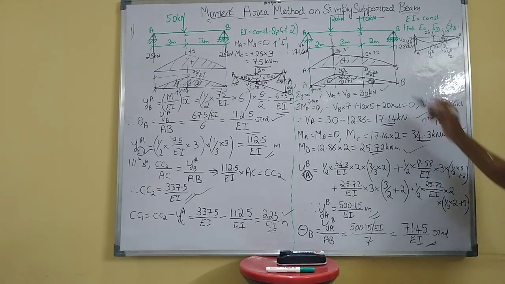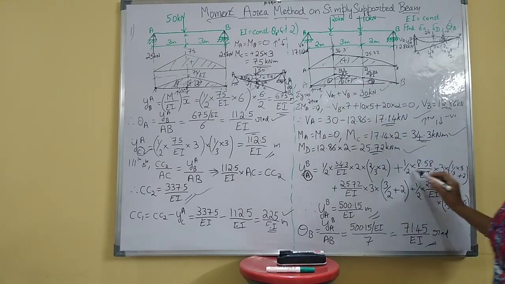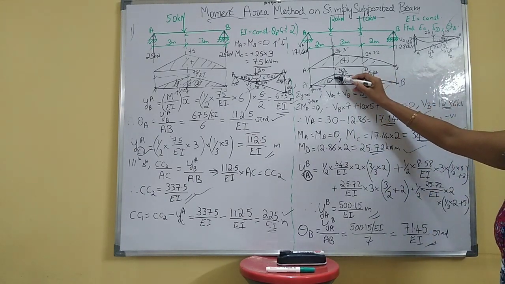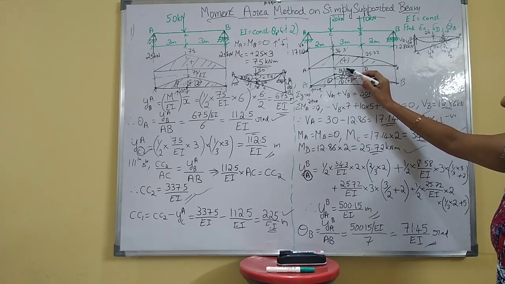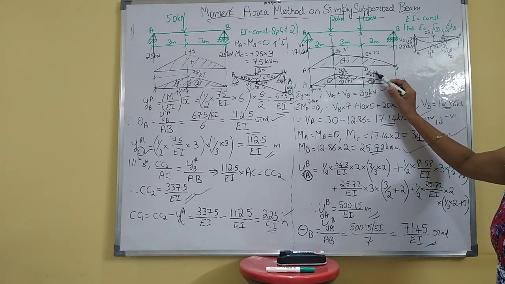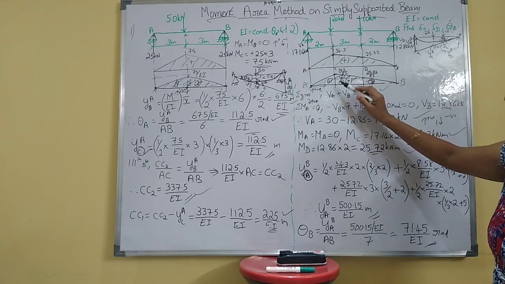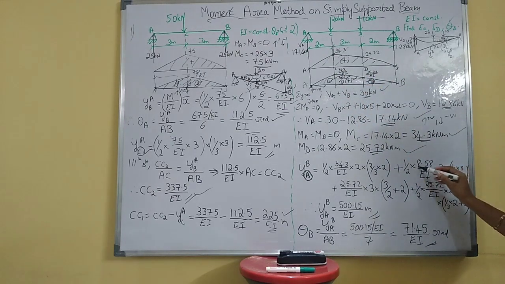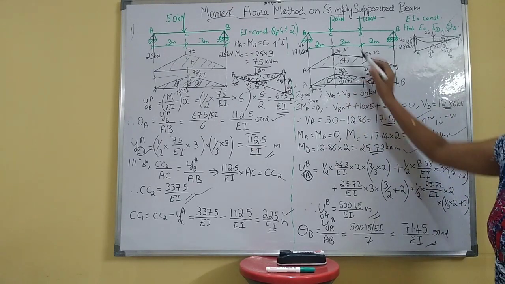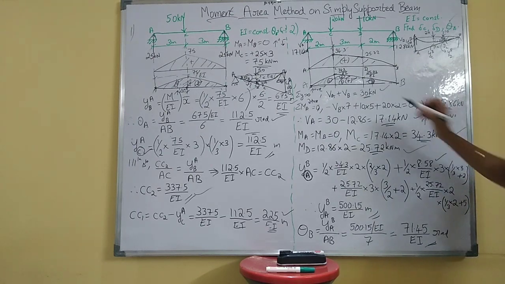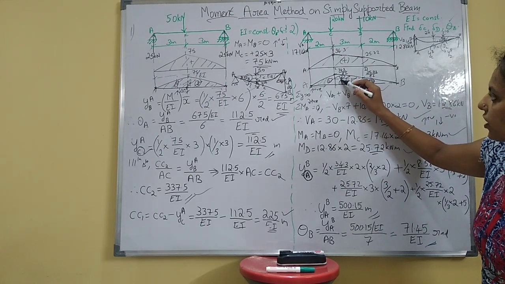Plus next we come to the second one, half into this small distance, total is 34.3 and this one is 25.72. So 34.3 minus 25.72 will be 8.58. So half into 8.58 by EI into this distance 3 into the centroidal distance.